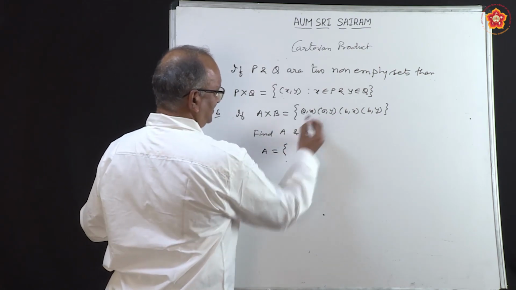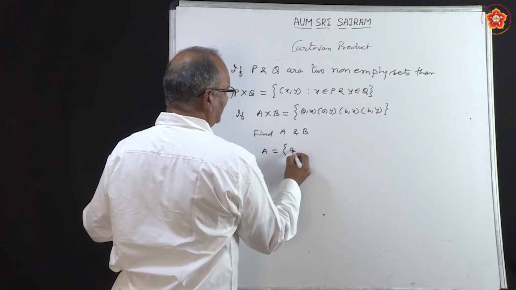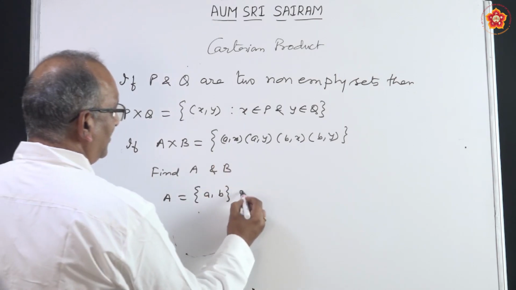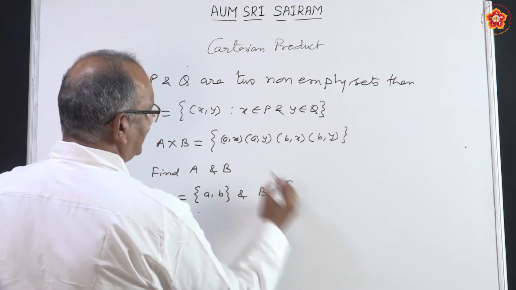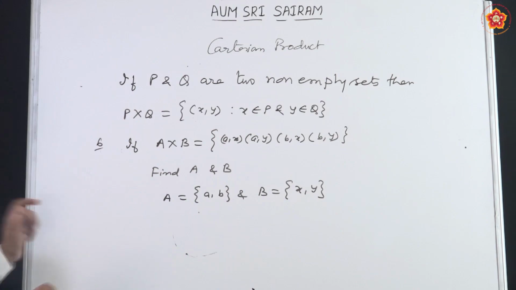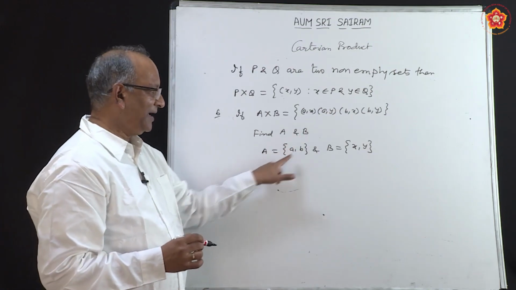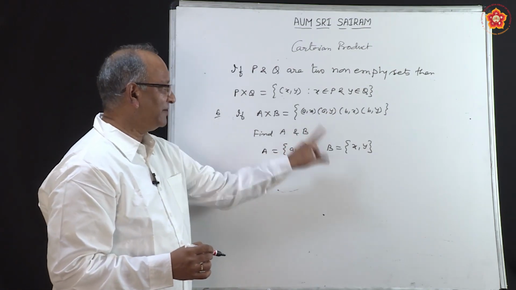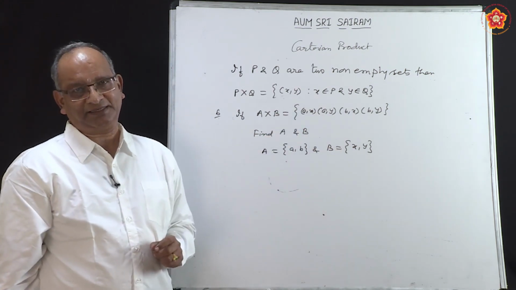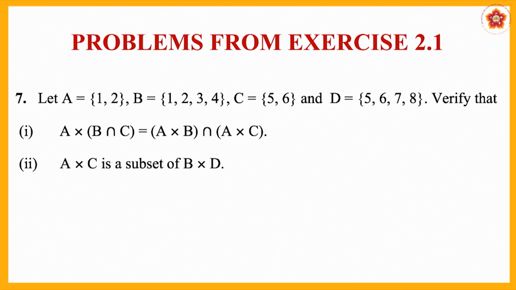The first elements are a and b. So A is {a, b}. Similarly, B is nothing but the second elements, so {x, y}. You can check by multiplying it. If you multiply A with B, you will get ax, ay, bx, by. So this is how the answer is. Let us move to the next problem.